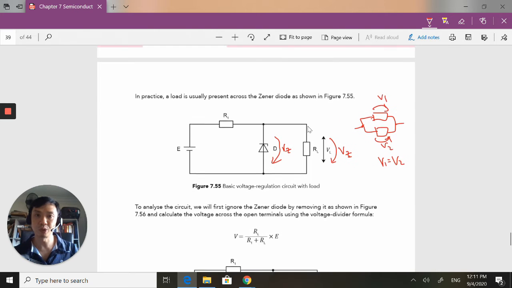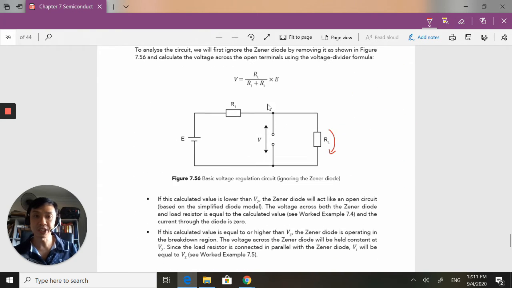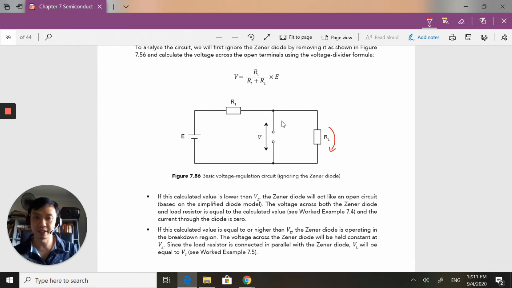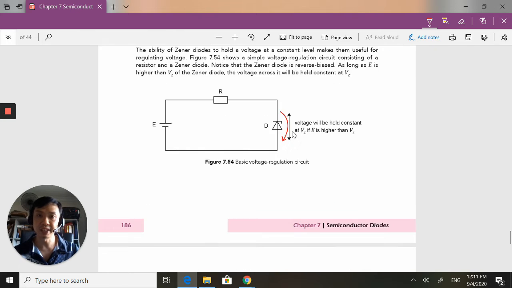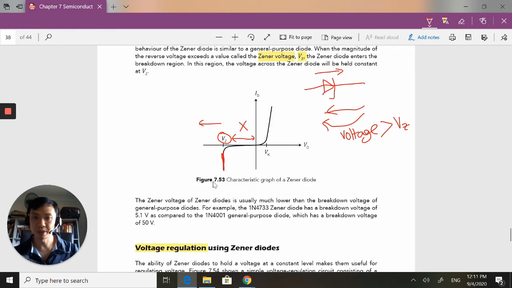If the voltage here is lower than Vz, then it's not going to do anything. But if what you apply here is greater than Vz, then this is where we are in the money, we are good.